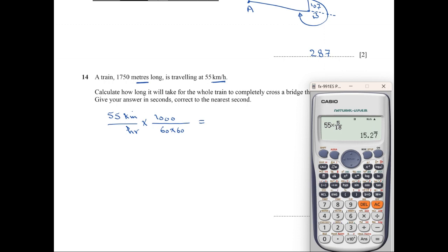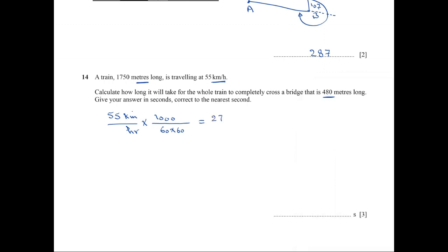275 over 18, which is 15.27 recurring. Now we have to find the time. If we use the magic triangle, velocity is equal to distance over time.